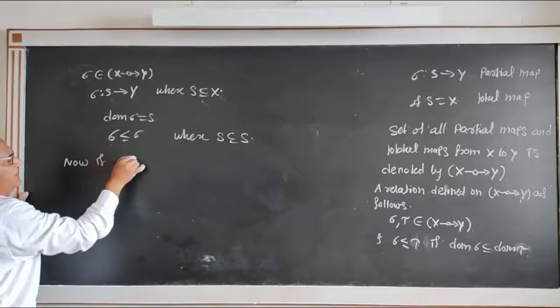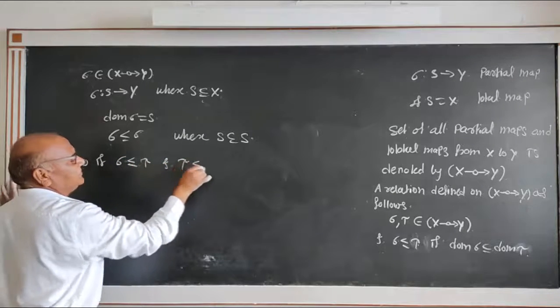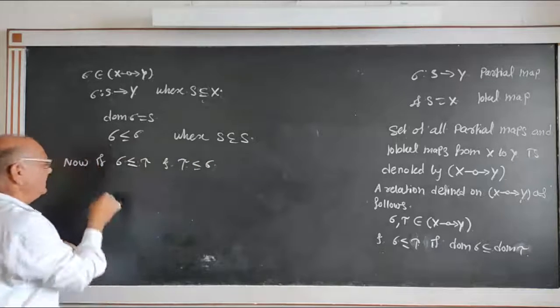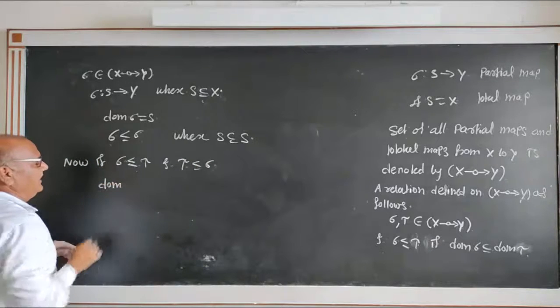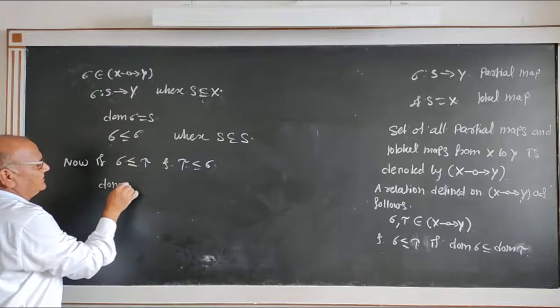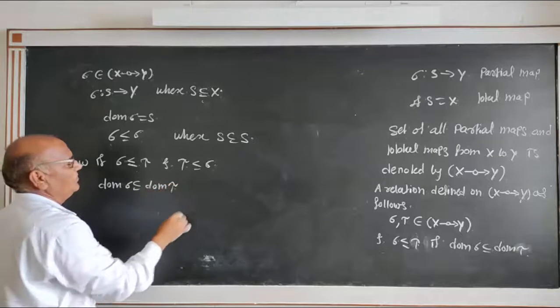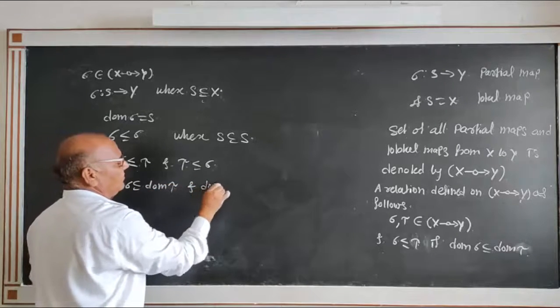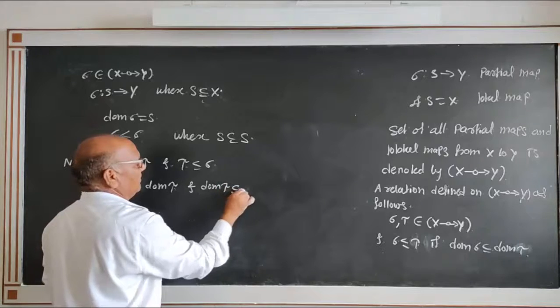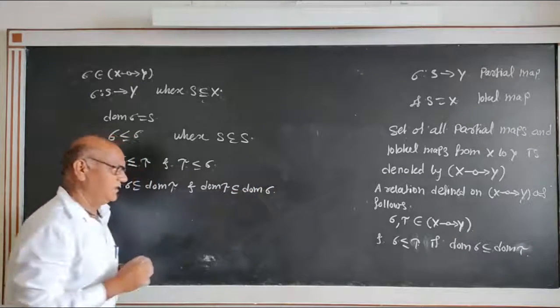Now if sigma is related to tau and tau is related to sigma, that means domain sigma is a subset of domain tau and domain tau is a subset of domain sigma.